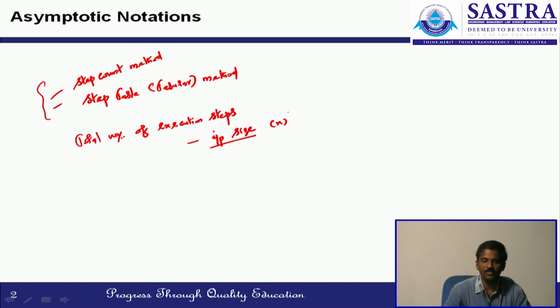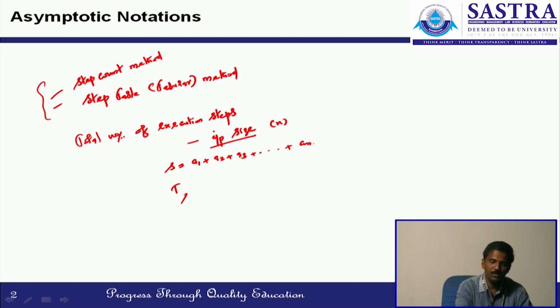For example, consider the array sum algorithm, in which we need to find the evaluation a1 plus a2 plus a3 plus and so on up to an. We have obtained T sum of n equal to, say, 2n plus 3 steps.